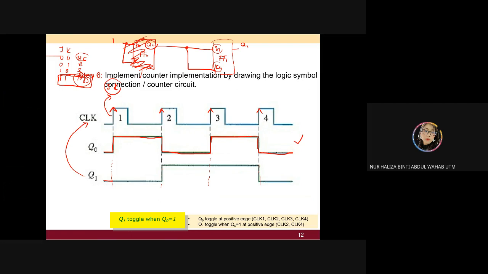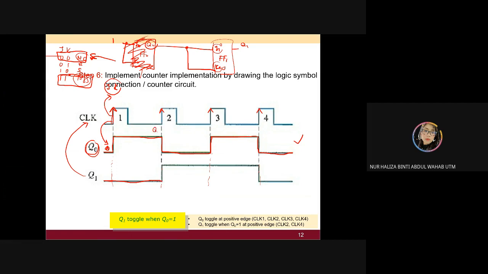Now I have a positive clock. What is the value of my JK? My JK now is Q0. Now it is 0, because it's not yet coming out, it's just triggered by the positive clock here. It is assumed to be 0. If Q0 is 0, your J will be 0, K will be 0. What happens? No change.